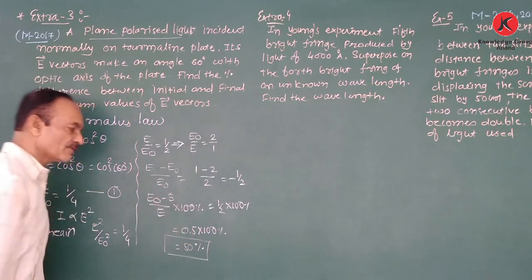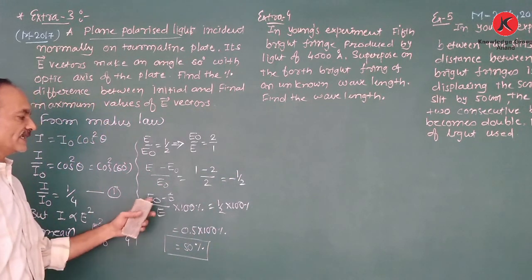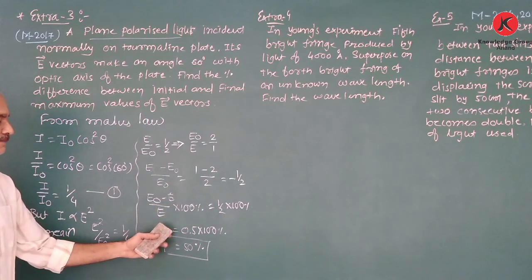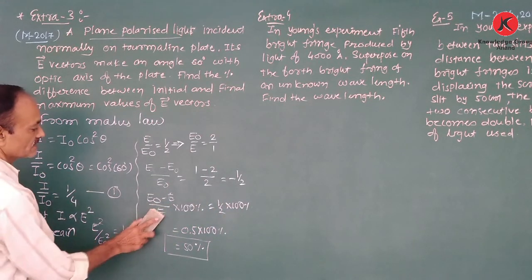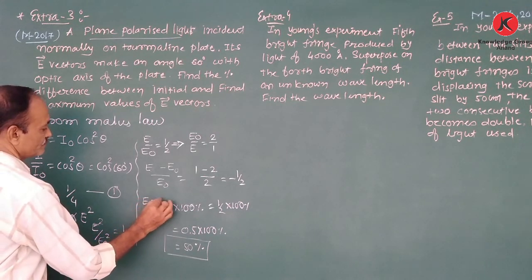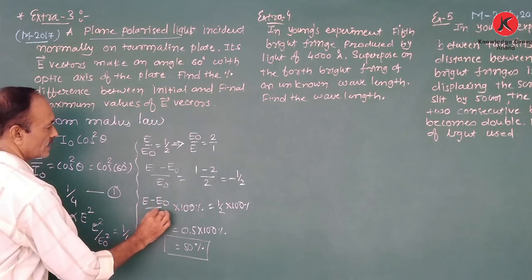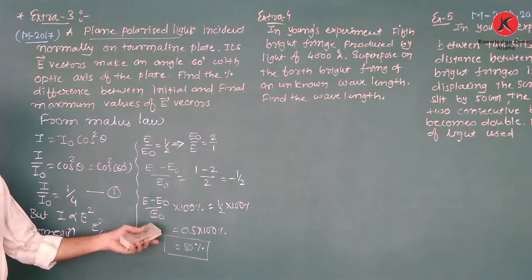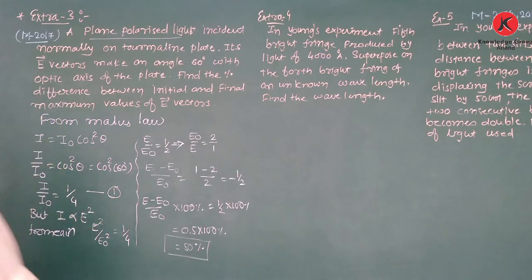Here we are going to find the percentage, so we take the modulus. So it is positive. Therefore, 1 by 2 into 100%. So it is equal to this value, E minus E0 upon E0. So that is the percentage difference in the E vector.